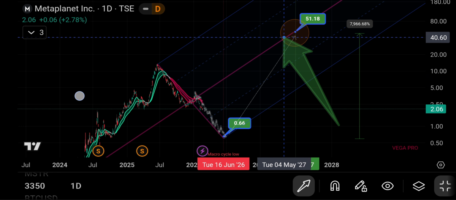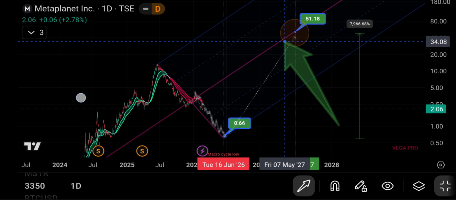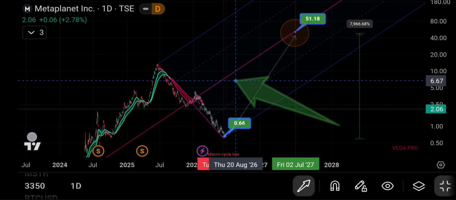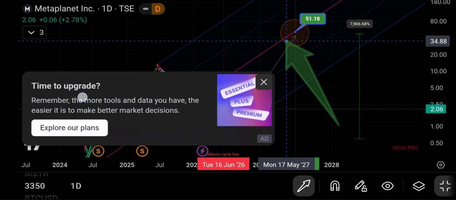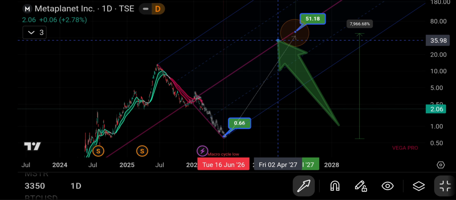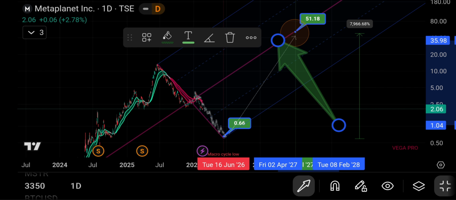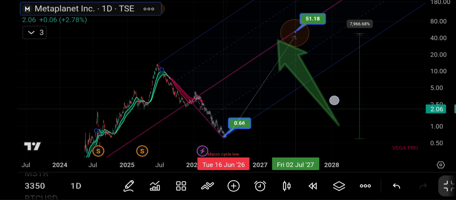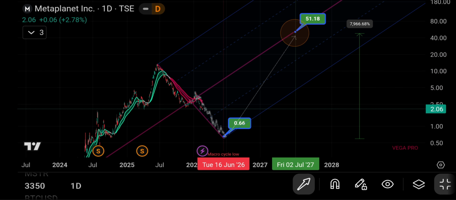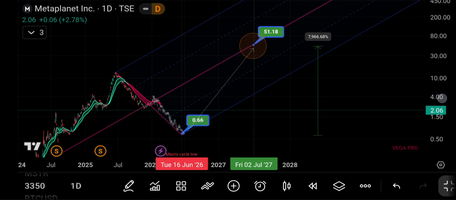If the price touches the center of the pitchfork, that could be a good price to exit the market. However, we will determine that as the price develops, basically. So, this is the strategy.